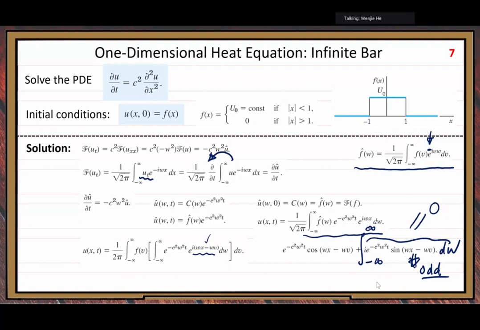So that tells us the imaginary part is gone, and we keep the real part, this cosine part. So we can write our final solution in this real function expression.